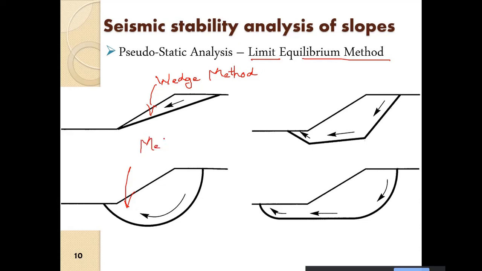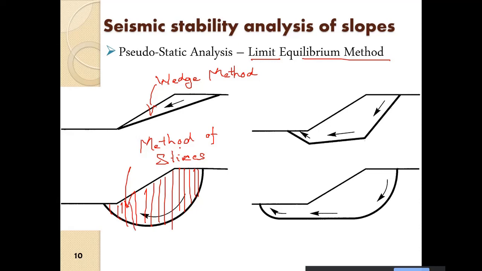As we go on, we will study all of this. The method of slices was developed so that we divide the entire slope into slices, and for each slice we analyze the forces.